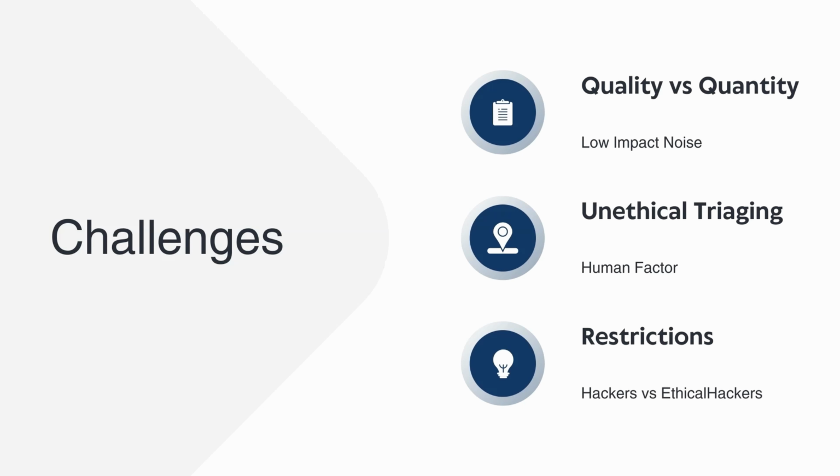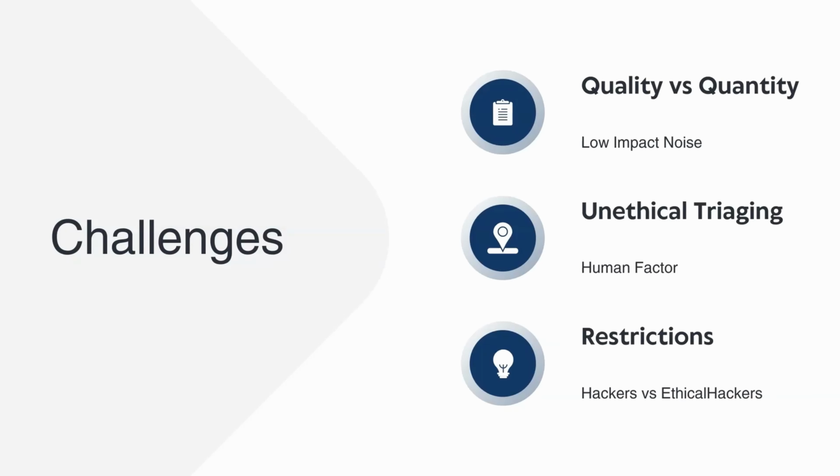There are a few challenges. First one is quality versus quantity. When there is a publicly available bug bounty program, researchers across the globe start doing ethical hacking and research, right? All the researchers do not have the same mindset. A few researchers will just be spamming different or low-impact vulnerabilities.